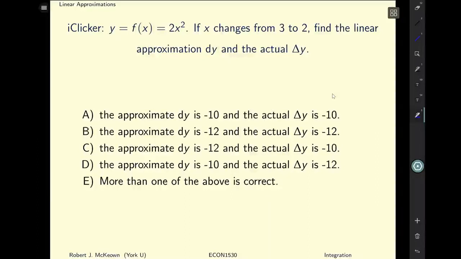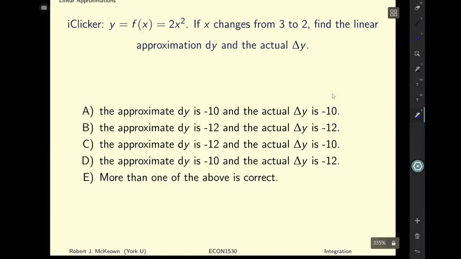If you're ready, try this problem yourself. If not, let the video keep going and we'll go through it and solve it together. So we want to find the approximate change and the actual change in this function, 2x squared. And we're interested in looking at the change when x moves from 3 to 2.